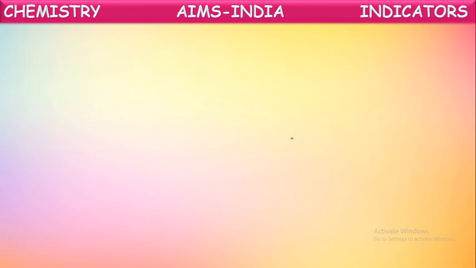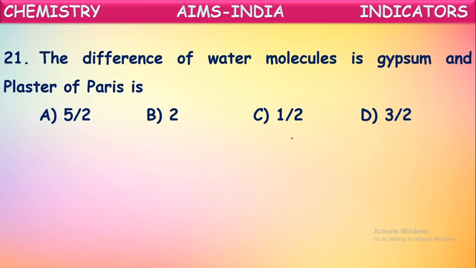Okay. Next one. The difference of water molecules in gypsum and plaster of Paris. We know the formula of gypsum is CaSO4·2H2O, meaning two water molecules are there in this formula. And the molecular formula of plaster of Paris is CaSO4·½H2O.